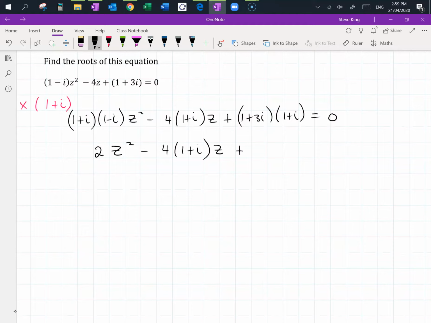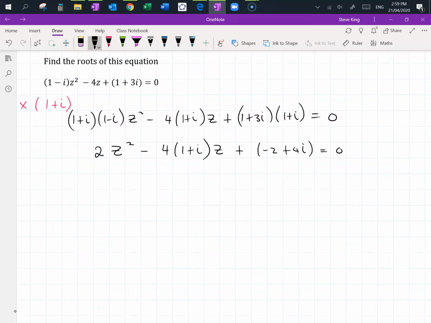And what do I have at the end over here? I've got 1 times 1, which is 1, 3i times i is going to give me 3i squared. So 1 minus 3 is going to give me minus 2. I've got 3i times 1 and i times 1, so that's going to give me plus 4i. And that's going to equal 0.